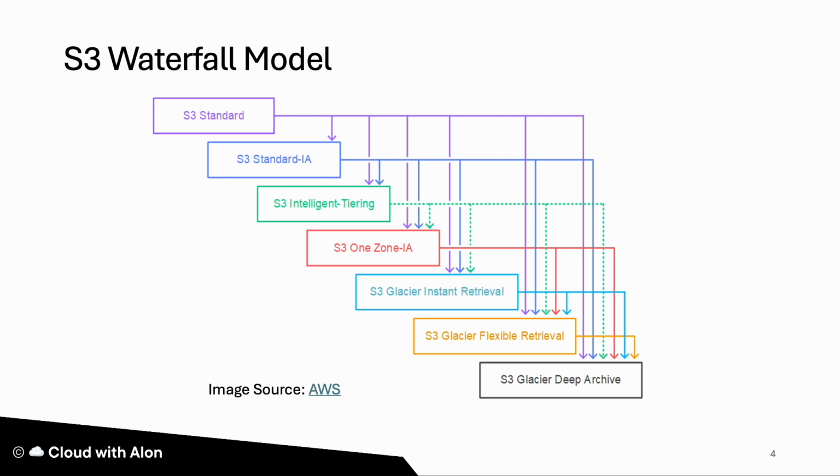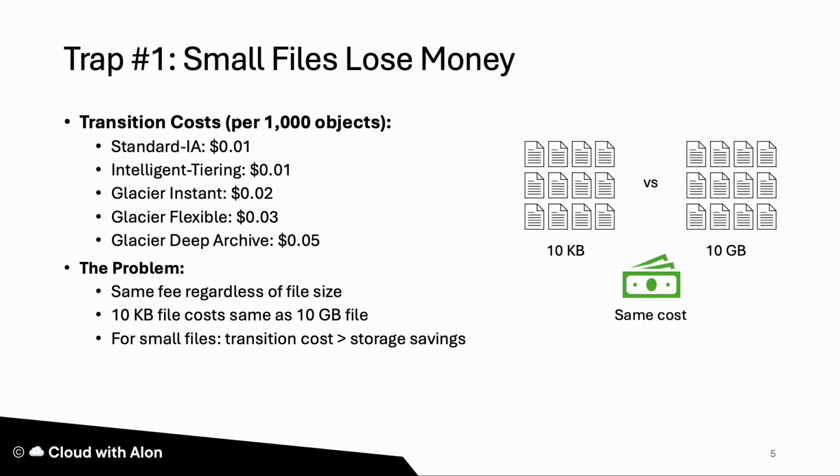Now let's look at some hidden transition rules most people don't know. Here's the trap. Small files lose money. Every time you move an object using a lifecycle rule, AWS charges a transition fee. For example, moving a thousand objects costs you $0.01 to standard IA, similarly $0.05 to Deep Archive.